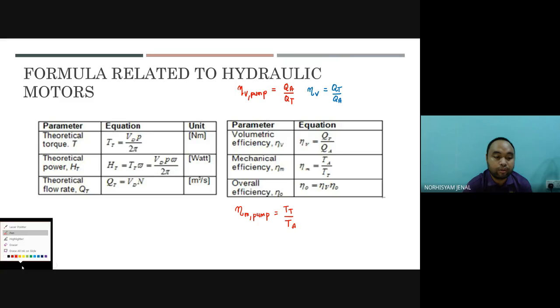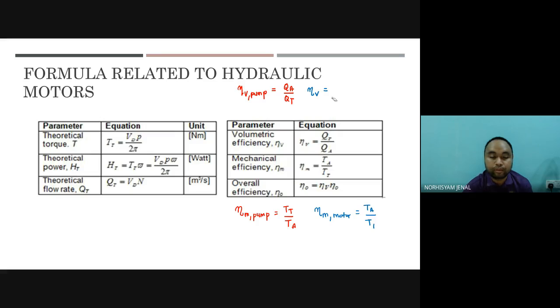However, for a motor, it is actually equal to TA over TT. So please make sure when you do calculation, you use the right equation. Because these are two completely different ideas, the other way around. So this one is for motor.